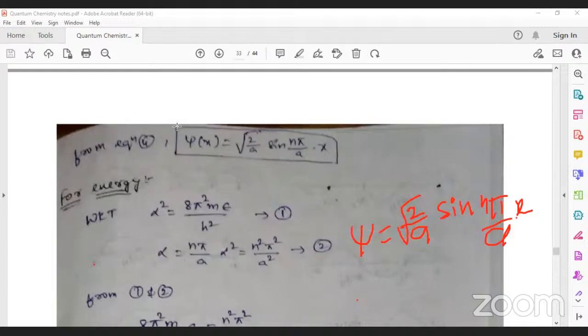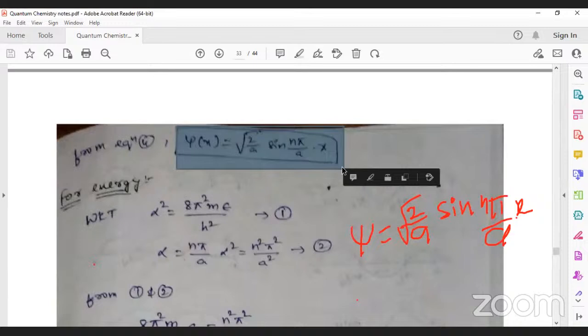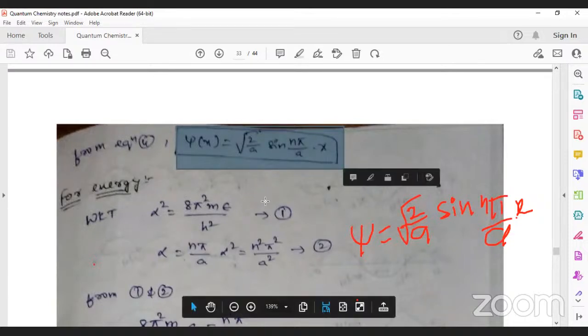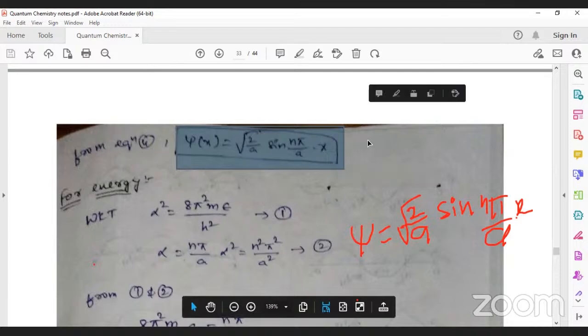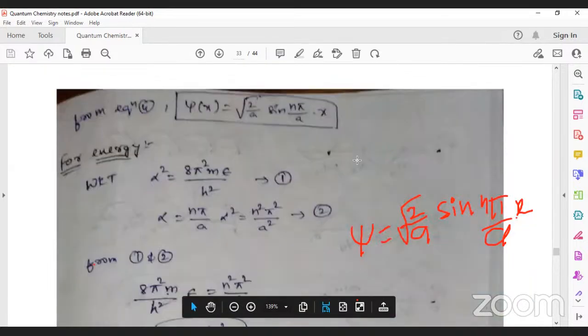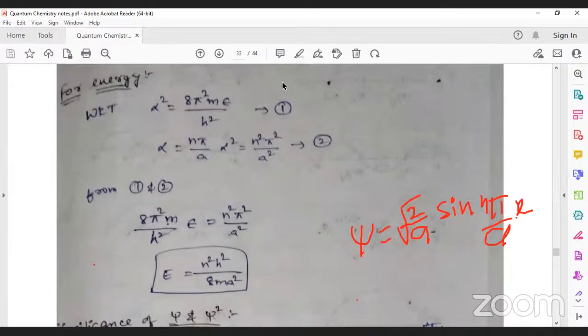This psi will give the characteristics of the wave, right? So what are the characteristics of the wave? We'll discuss after completion of the energy. Okay, right. So how do we get the energy calculation from this? Already we know that alpha square is equal to 8 pi square me by h square, which we assumed first.